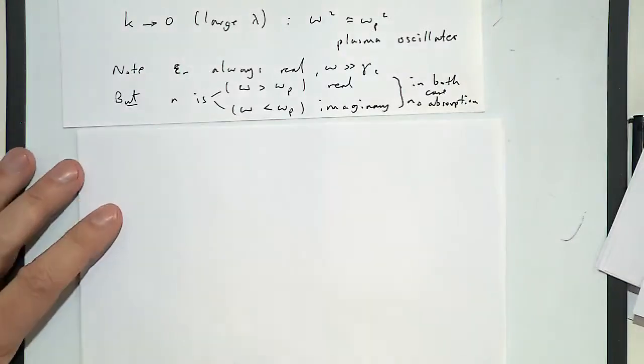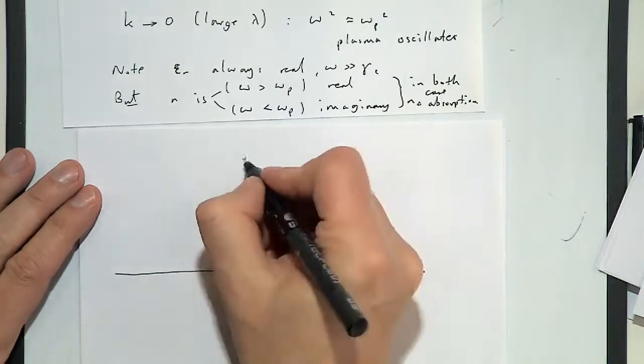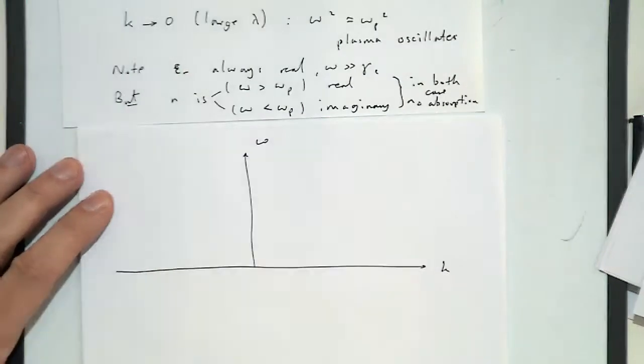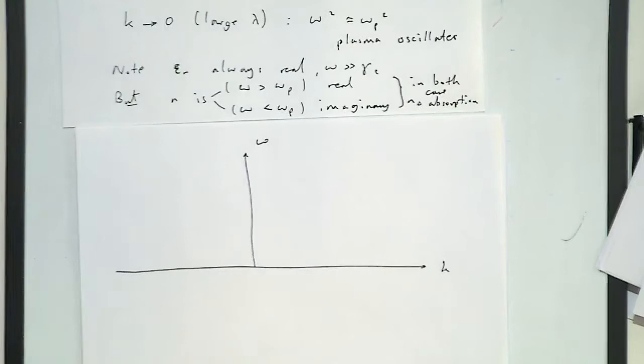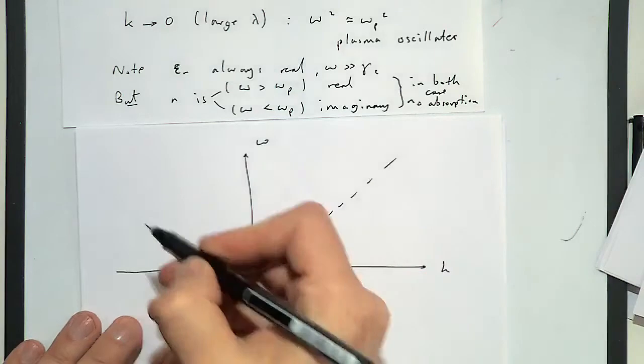Let's try and draw that out carefully. Let's try and draw omega versus k. When you look at these things, this is a dispersion relation. These dispersion relations here are simpler ends of more complicated things you can draw. We'll see a dispersion relation in a waveguide later on. Let's plot omega versus k, and to begin with, we'll do a forward-going wave and a backward-going wave.